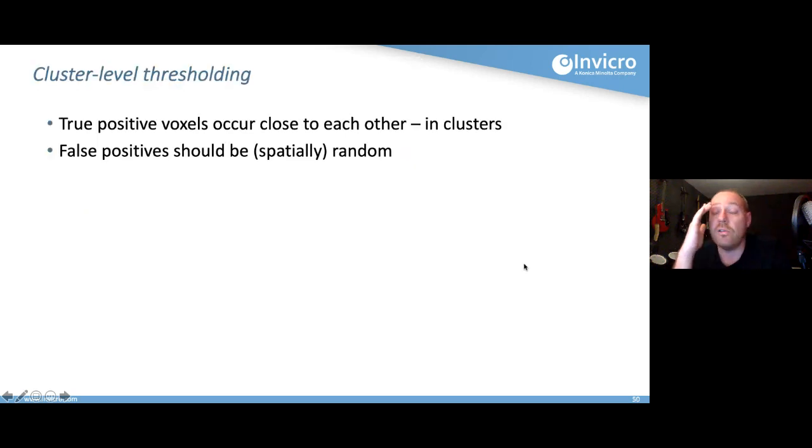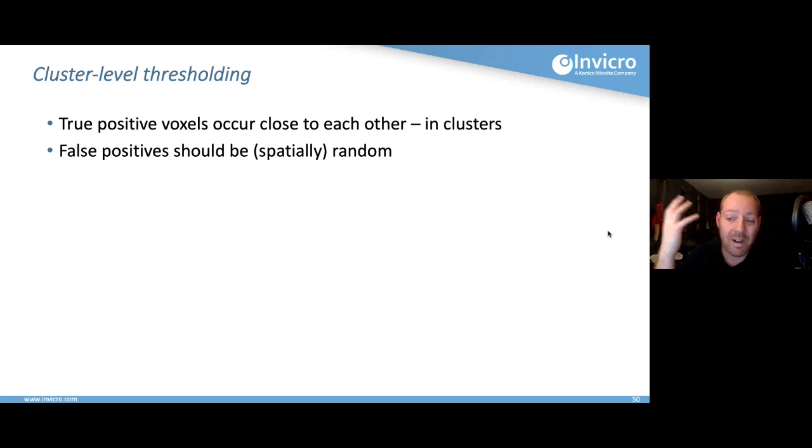What people tend to use more often nowadays is actually cluster level thresholding. There's a big debate about this, which I'm not going to get into, but I can talk about it a bit later if you want. The idea is that the true positive voxels should occur close to each other. We know that the brain activates in fairly large scale clusters, particularly in the cortex.